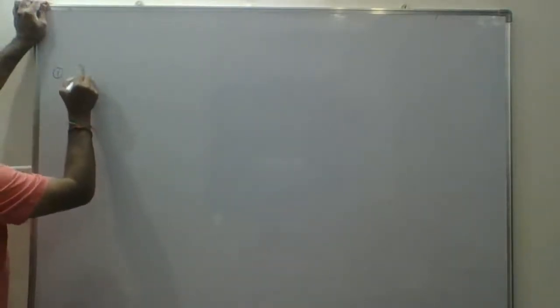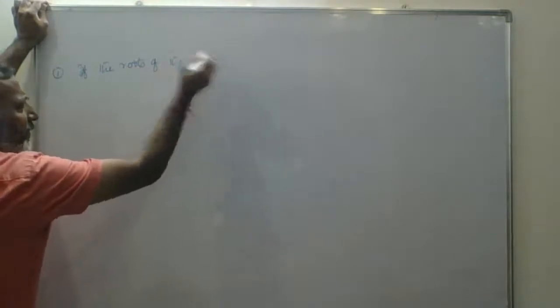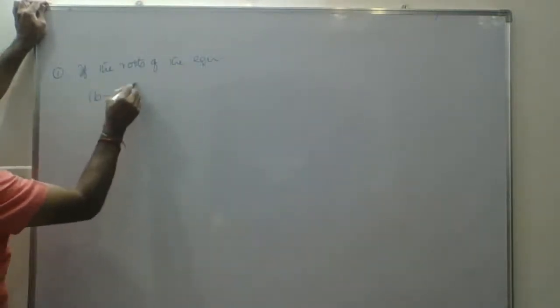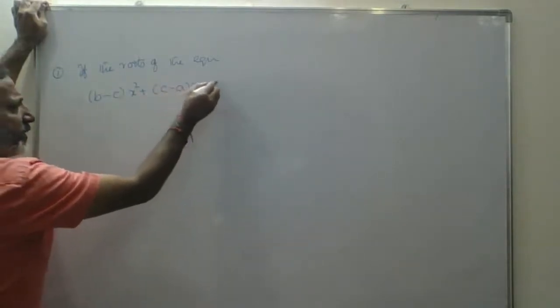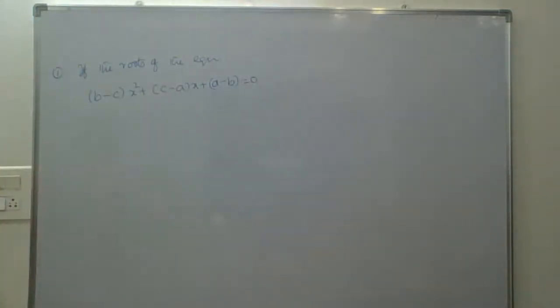If the roots of the equation b minus c into x square plus c minus a into x plus a minus b is equal to 0 are equal, then a, b, c are in dash.